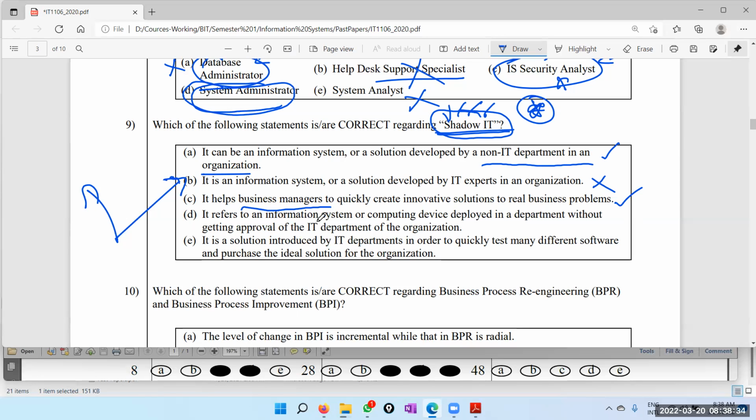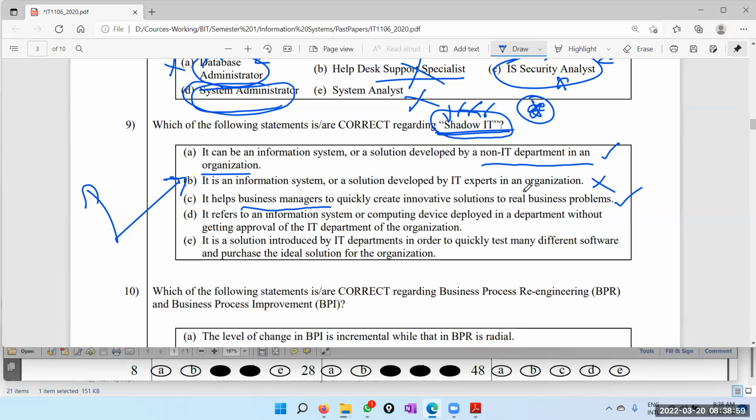It refers to an information system or computing device developed in a department without getting approval of the IT department of the organization. So that is a debatable answer, right? Yes, if it is a very small task, you don't have to get the approval of the IT department. And sometimes you can inform the IT department and do that also.